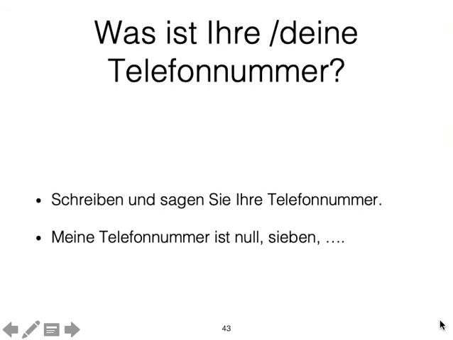So now I, of course, would like to know your phone number. Remember, you never have to give me your private information. So when I ask for a phone number, you can give me any phone number you want. So let's repeat first. Was ist Ihre Telefonnummer? Was ist deine Telefonnummer?